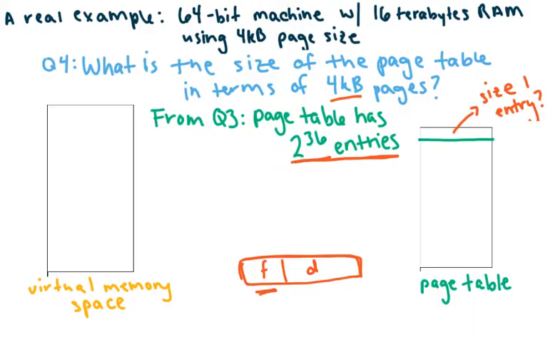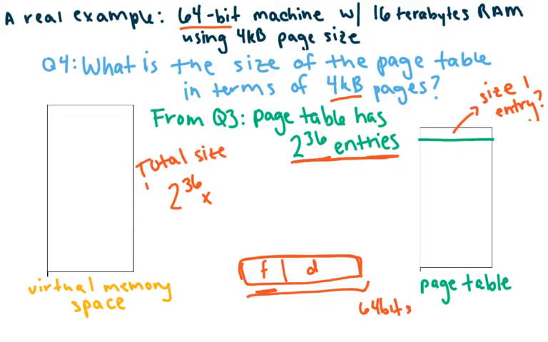So each one of the entries here, the size, is going to be equal to whatever size this is, and we know that this is 64 bits, right? We have a 64-bit machine. So we have 2 to the 36 entries times the size of each entry. So we want to find the total size in bytes of the PT, the page table.